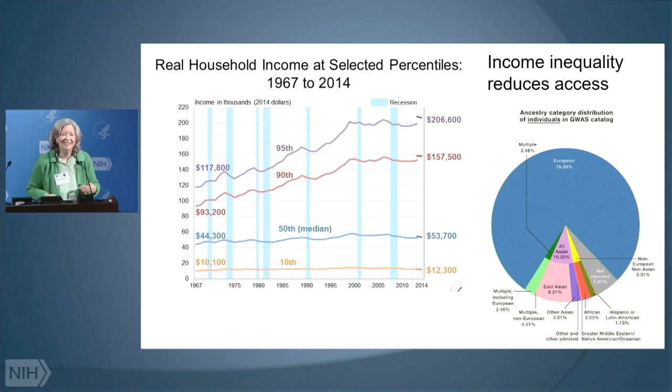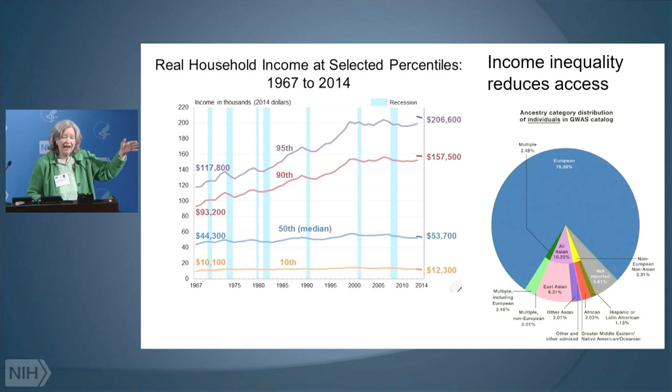And the problem is the very success of the science in leading to discoveries that have some good opportunities for clinical translation means that populations that can afford to have more genetic information used in their health care continue to do that.